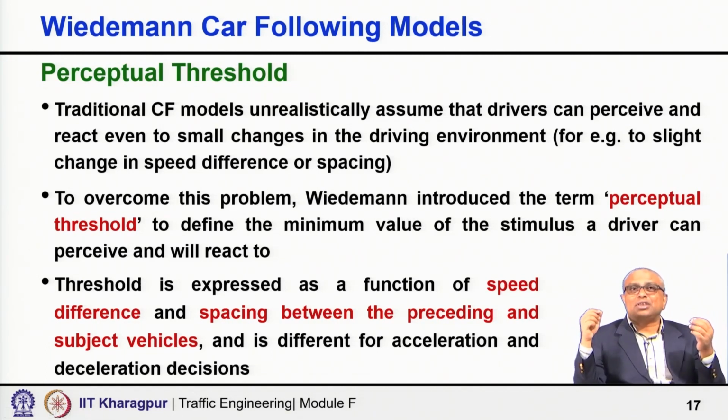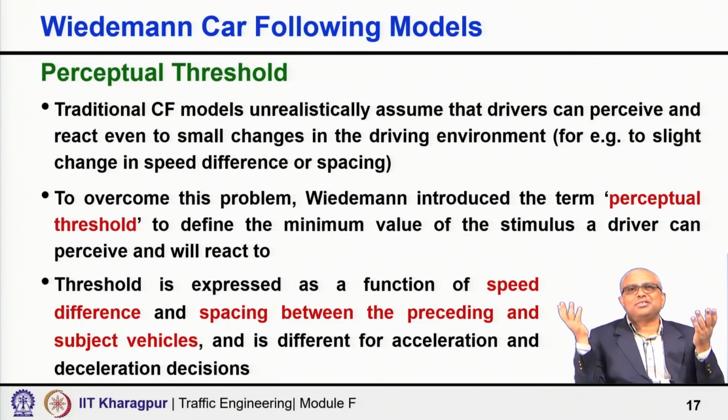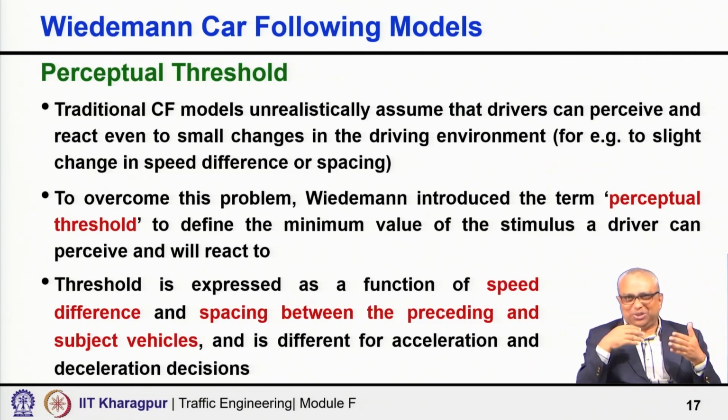That means, even a slight change in speed difference or a slight change in spacing, drivers can perceive and react. In reality, this is unlikely. As I said, more or less you can assess, but every small change in speed or the speed difference or the spacing, space headway cannot be perceived so accurately.